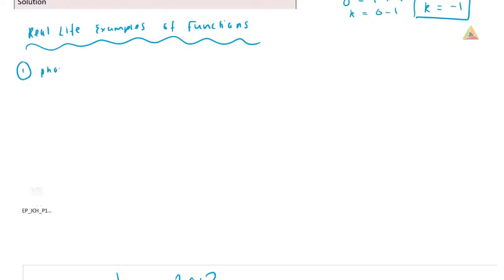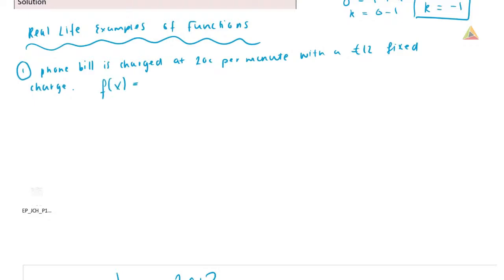So if we had a phone bill, it's charged at 20 cents per minute with a €12 fixed charge, then we can represent the bill in euro as the f of x is equal to 0.2 by x, where x is the number of minutes, plus 12, which is our standing charge, or our fixed charge, should I say. So that's one example.